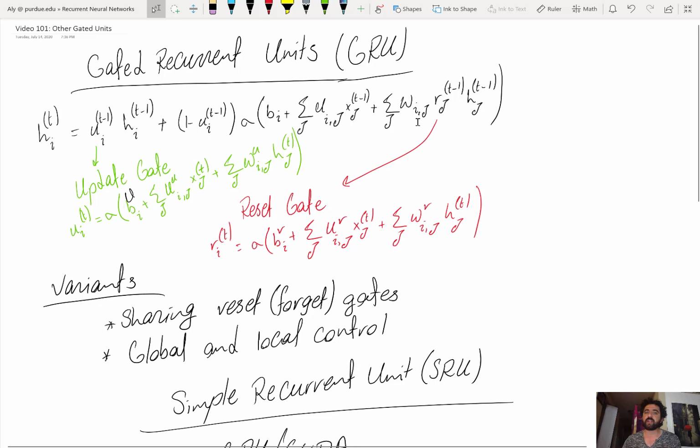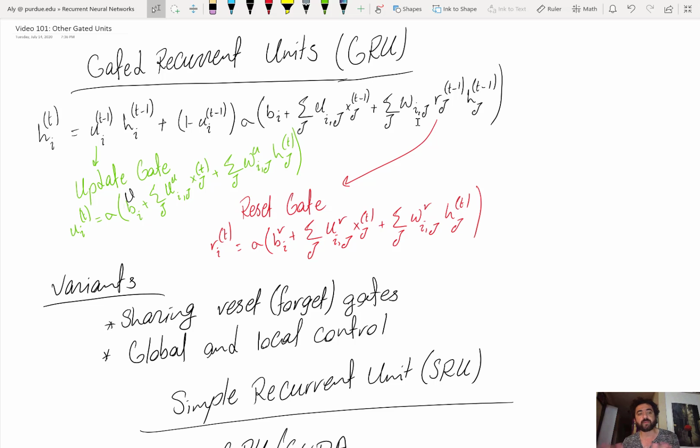So you can think of the reset gate as a mechanism for controlling that the gradient doesn't vanish or explode, by resetting the connection between the previous state and the current state, right? So you have the ability to disconnect some of the dimensions of the previous state from affecting the current state through the reset gate, right?